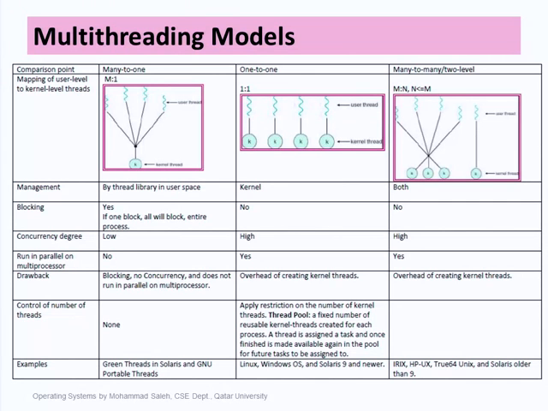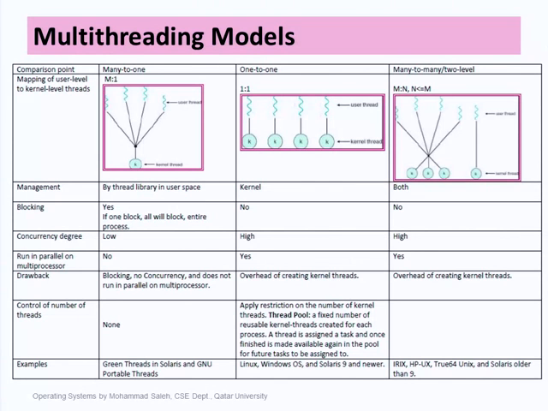As for blocking, if you have multiple user-level threads within one execution unit of a kernel thread, and if one of these threads is blocked, that will affect the rest of the threads within that kernel thread. So the blocking of one will block the entire process that has the multiple user threads.